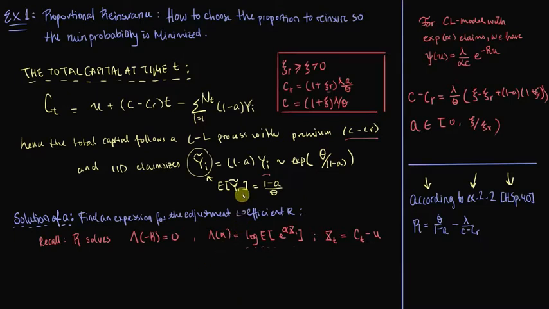And for that, let us recall that the adjustment coefficient is that number which solves the equation that requires the cumulant generating function in minus r to be equal to 0, where the cumulant generating function is given as the logarithm of the moment generating function of the capital growth at time 1, where the capital growth x is defined as the total capital minus the initial capital.